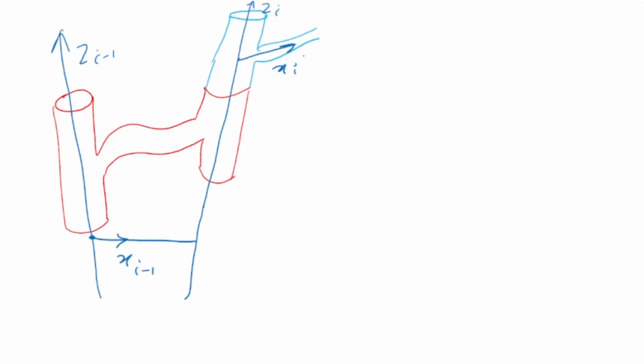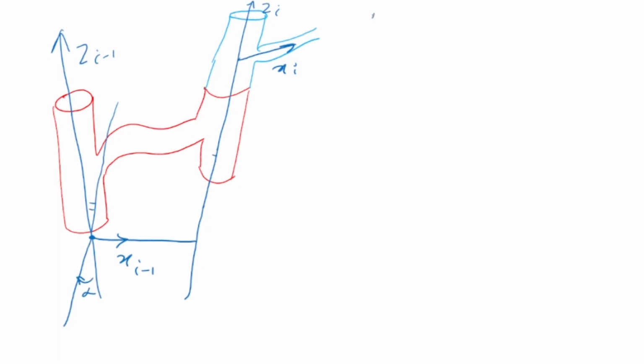Next we have 4 parameters which are called the DH parameters. I rotate the z i minus 1 axis by an angle alpha, and I make it parallel to the next axis. So I just rotate it like this by an angle alpha, so that these two become parallel.